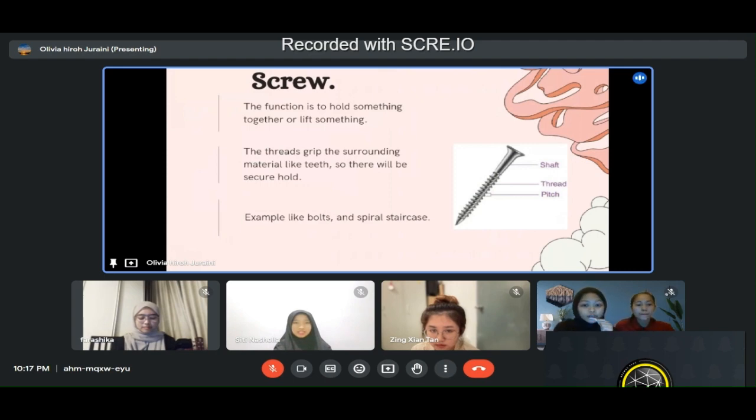The thread grips the surrounding material like teeth, so there will be a secure hold. There are several examples of screws, including screws, bolts, and spiral staircases.